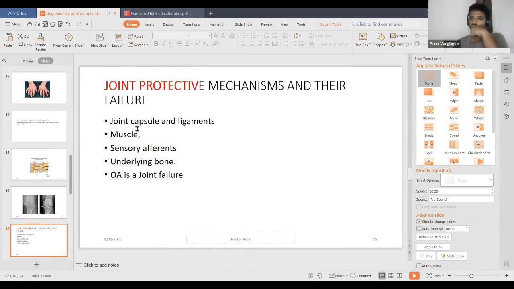So what all fails to distribute the weight or spread the weight of our body in the knee or any joint: joint space, joint capsule, ligaments, muscle. The most important ones are these two, muscle and sensory afferents. Muscle we are familiar with.